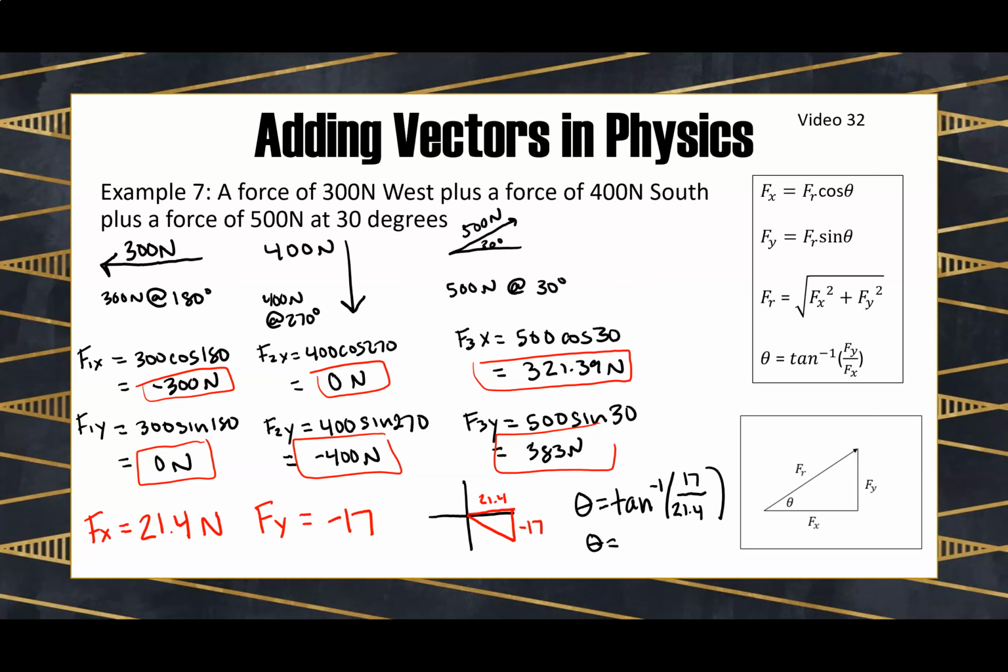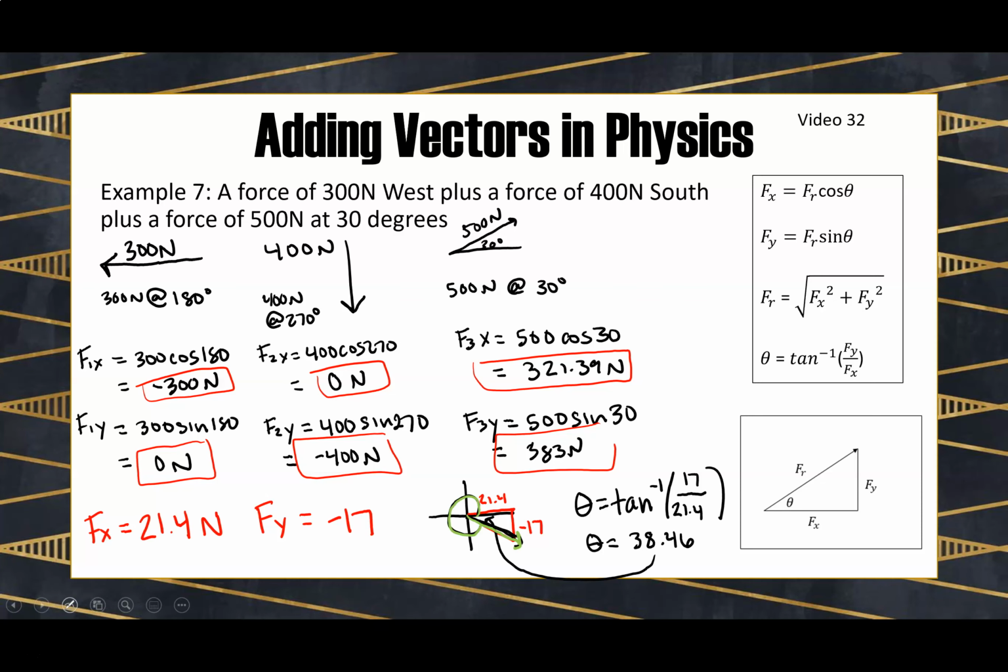And I get theta is equal to 38.46 degrees. But where is that 38.46? It's actually right here. And what I really want is this full angle to here, because that's where my resulting force vector is right there. So let me redraw that. My resulting force vector is right here, so I really want the angle that's this.